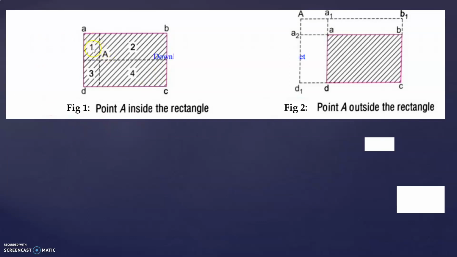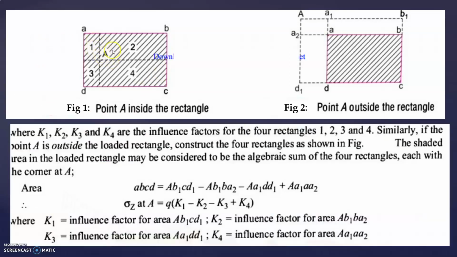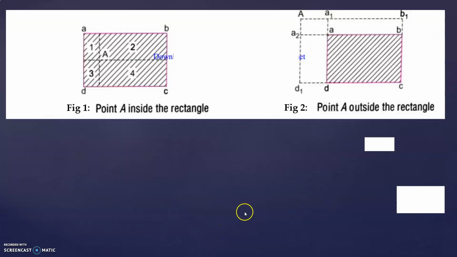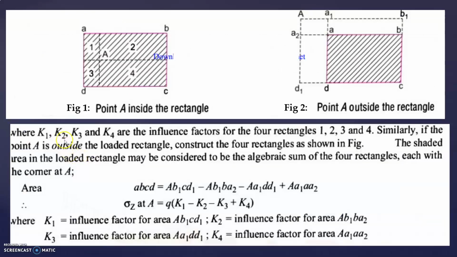If the point A is here, inside the rectangle, you can calculate using this equation, where k1, k2, k3 and k4 are the influence factors for the four rectangles 1, 2, 3, 4. This is rectangle 1, this is rectangle 2, this is 3, and this is 4.